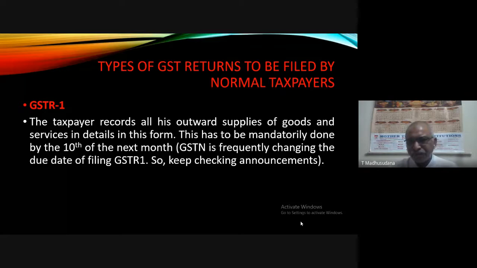GSTN is frequently changing the due date of filing GSTR1, so keep checking announcements. Therefore, this due date is the 10th of the next month, though sometimes the due date may change.